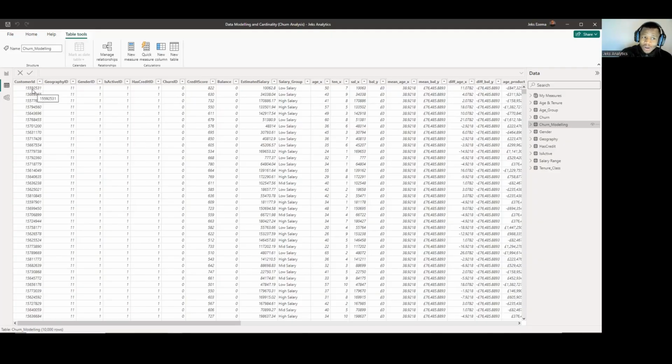If you look at customer ID, it means that if we have over 10,000 rows, we have 10,000 unique customer IDs. That's what it means. So it gives you the idea of what a primary key is and what a secondary key is. Because it is primary, this is the salient point: it is unique to each of the rows for that table.